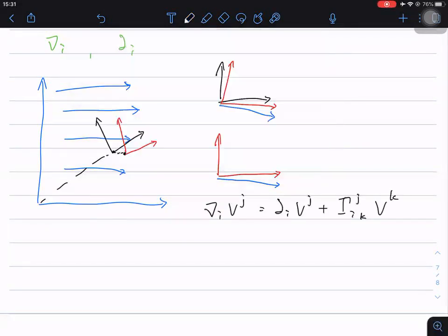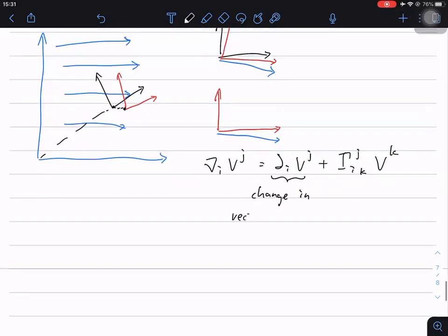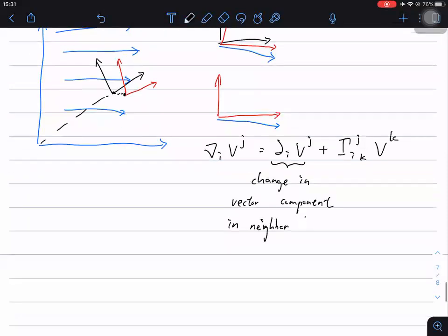So for the first term, it is the change in vector component in neighbor basis. Is the curve itself unchanged for both frames? You mean which curve? Are you talking about the vector field itself, or the scalar field, for example?